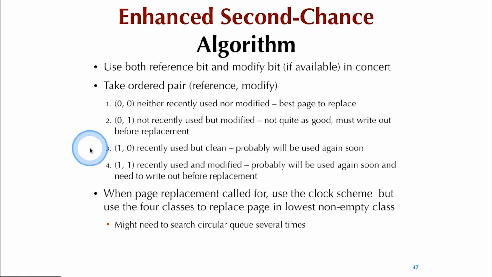So you might say, wouldn't I want to prioritize the clean pages first? Well, not necessarily, because 1, 0 means it's been recently referenced, but it hasn't been modified. It's clean, right? The reason you might want to keep it is that it is recently used, and between read and write, there's probably more bias towards the read. You probably do more reads than writes.